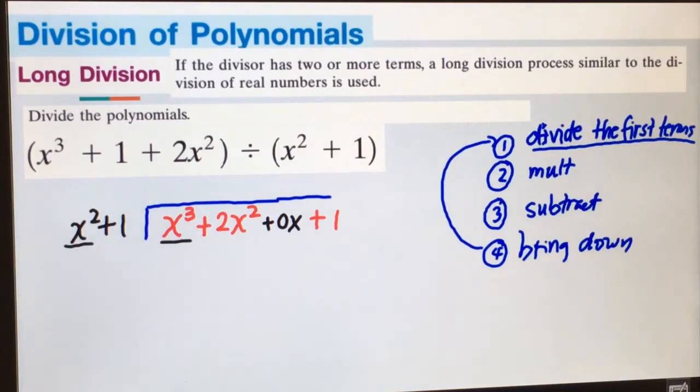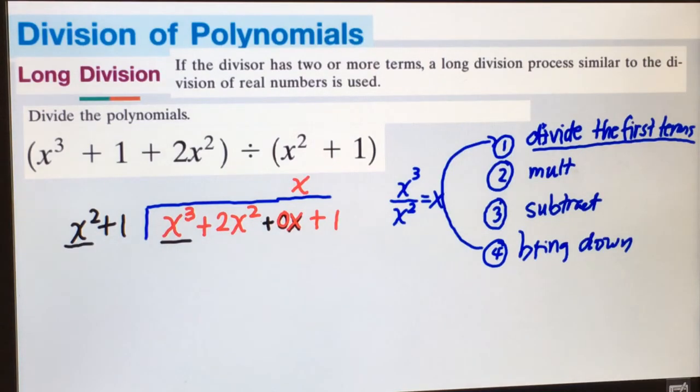It would also help sometimes to write that down on the side and work it out. x cubed divided by x squared, I know, is x. So where do I write x? I write it right above its like term. That is what the 0x is going to be useful for, and I write x on top of it.